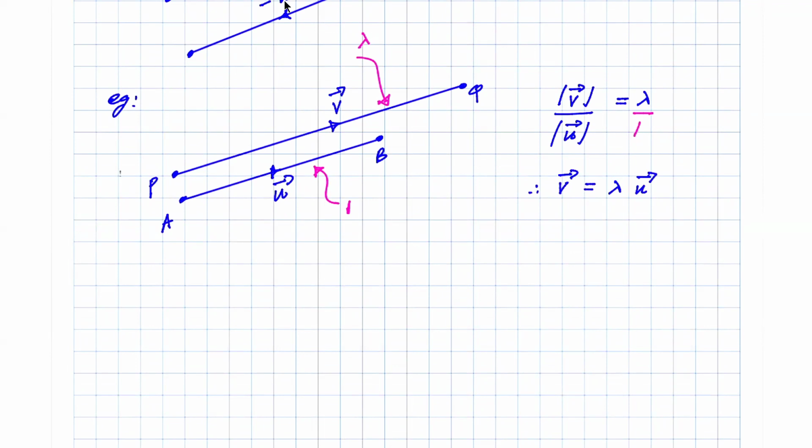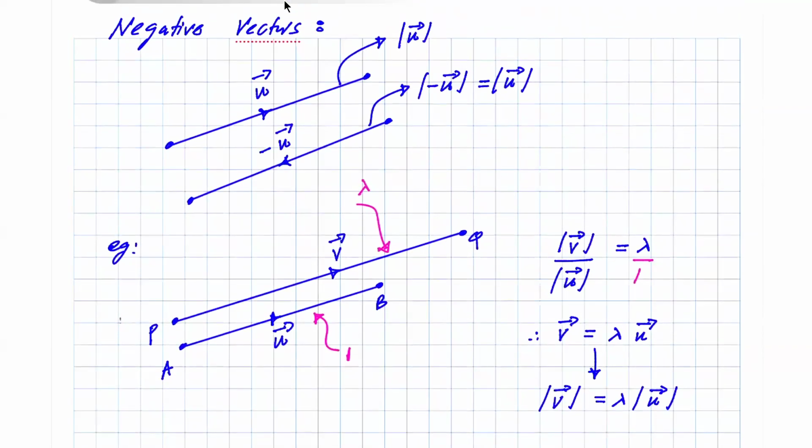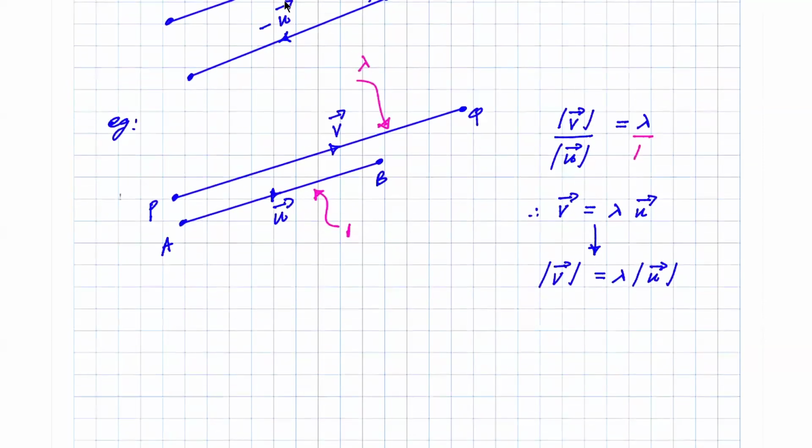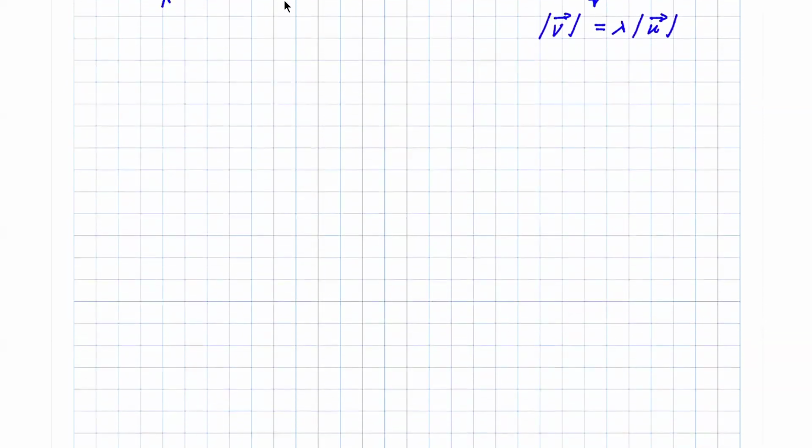Now if you think about the magnitude, the V vector magnitude, which is the length PQ, is equal to lambda times the U vector magnitude. So we are recalling the same thing, and this is how you play with it. Now we know about negative vectors. Next, we will think about vector addition.